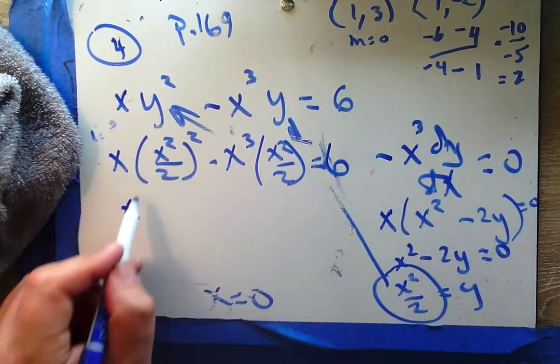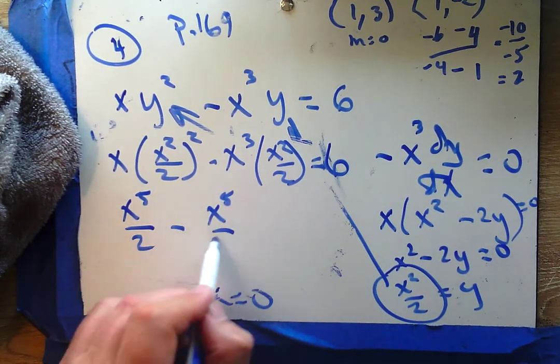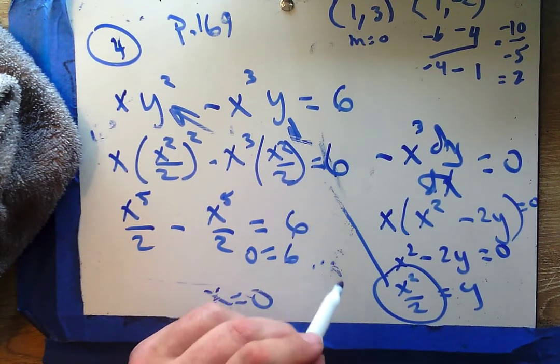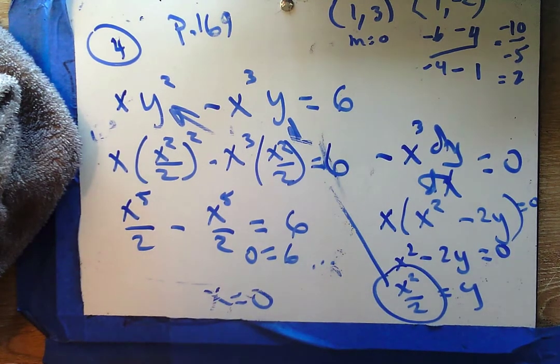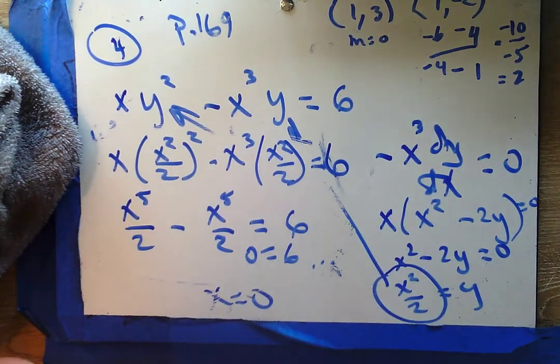So that's going to be x to the fifth over 2 minus x to the fifth over 2 equals, oh, that's unexpected. I don't know what to make of this. I was not expecting that. I was expecting to be able to solve for an x.